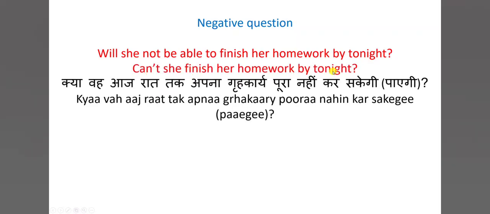Can't she finish her homework by tonight? क्या वह आज रात तक अपना गृह कार्य पूरा नहीं कर सकेगी और पाएगी? वह is she. आज रात is tonight. तक is by. अपना is her. गृह कार्य is homework. पूरा कर is complete. नहीं is not. सकेगी और पाएगी is will be able to or can.